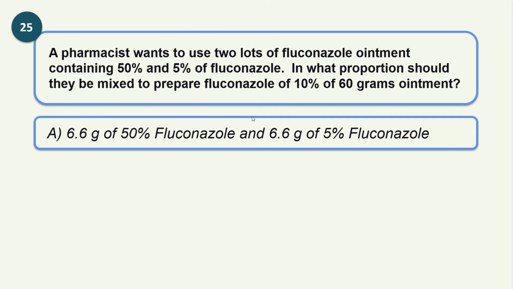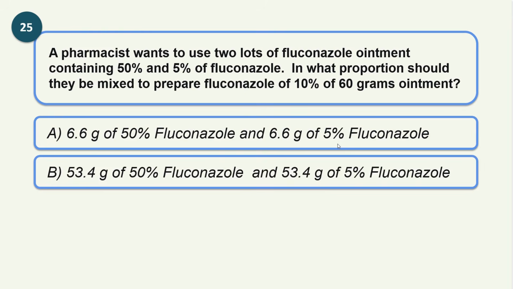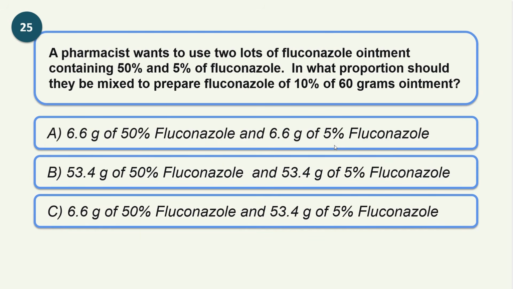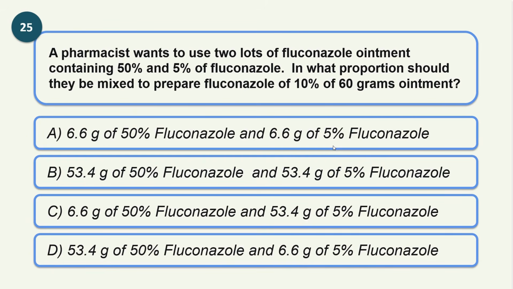The options are: A. 6.6 grams of 50% and 53.4 grams of 5%; B. 53.4 grams of 50% and 6.6 grams of 5%; and so on. The correct answer is C.